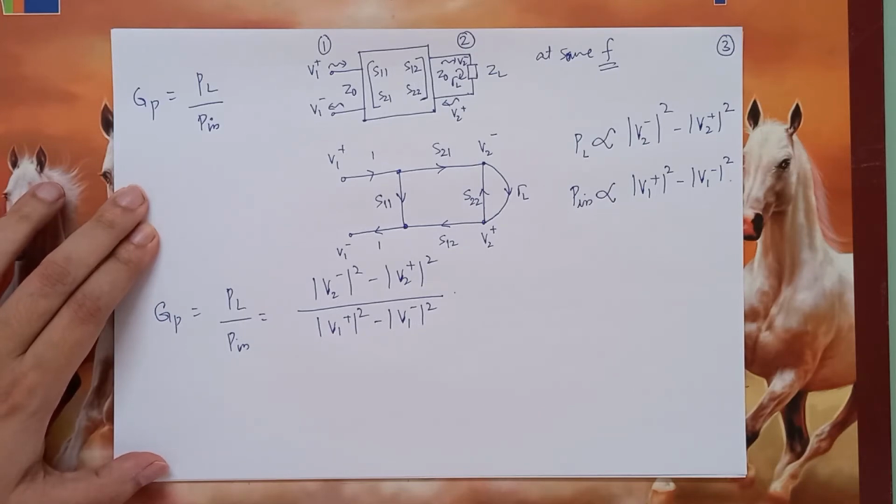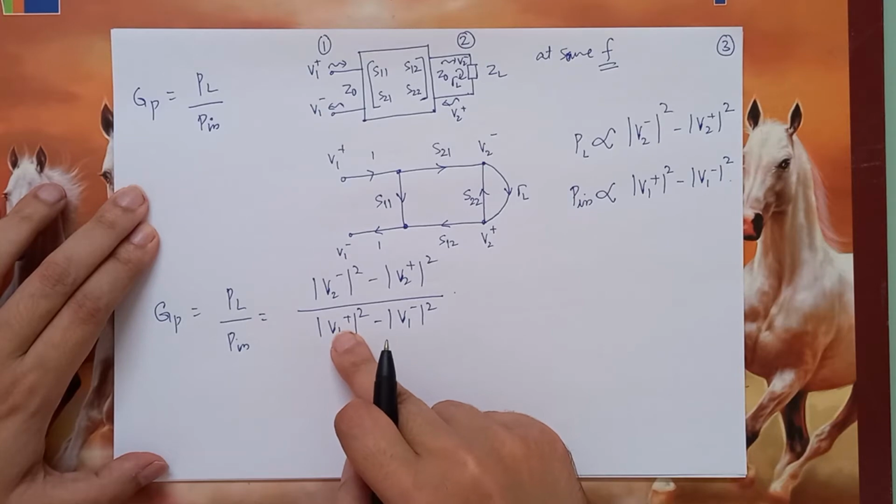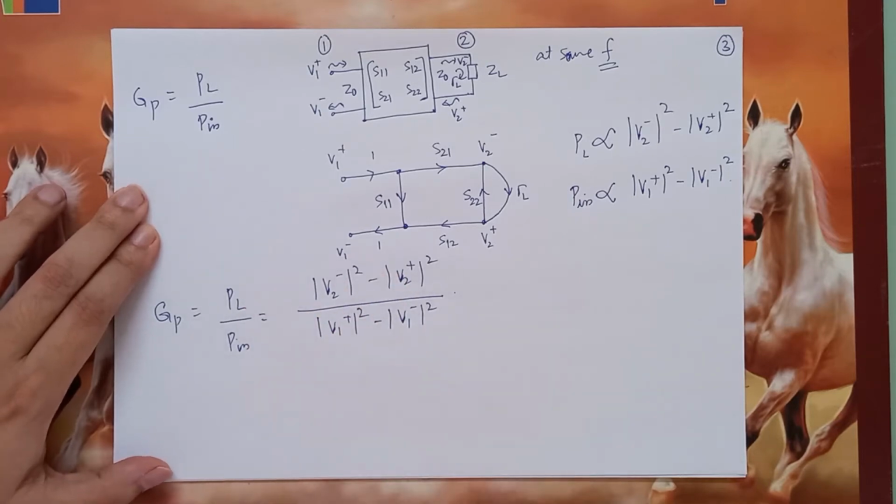What I can do to simplify this is to take out V2 minus and V1 plus as common from both numerator and denominator.